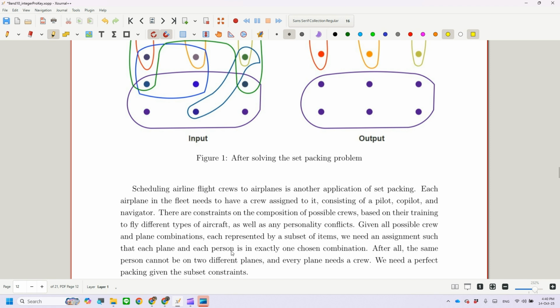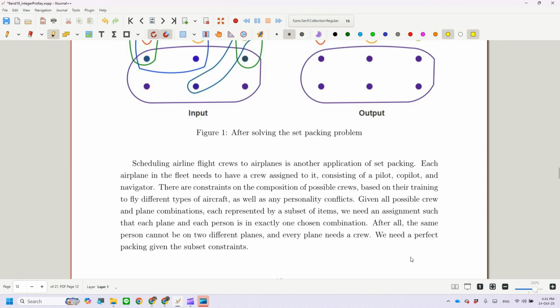Given all possible crew and plane combinations, each represented by a subset of items, we need an assignment such that each plane and each person is in exactly one chosen combination. After all, the same person cannot be on two different airplanes, and every airplane needs a crew. So we need a perfect packing given the subset constraints.